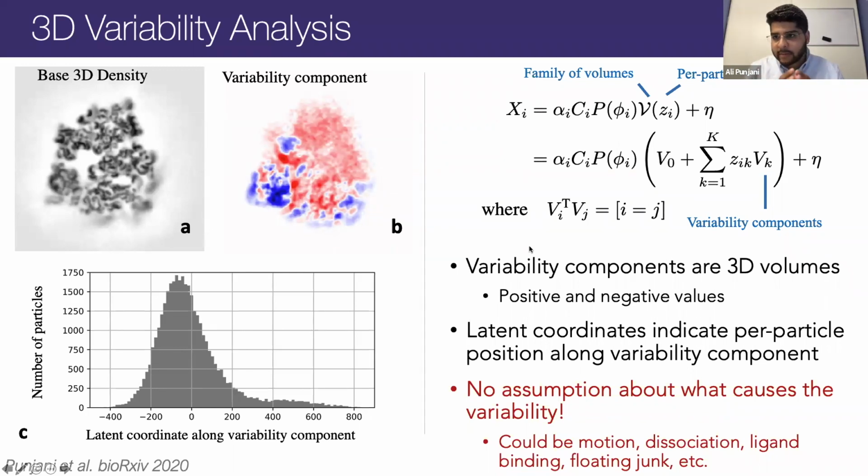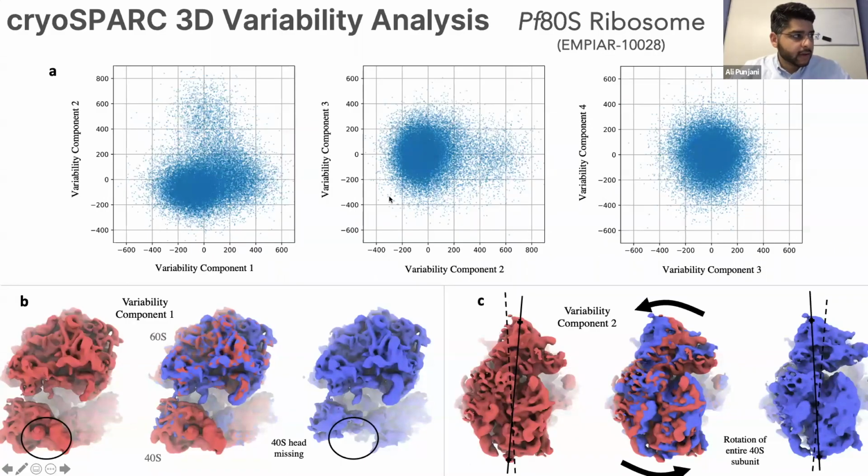It contains the same amount of change of the density. And so we can literally look at the spread of particle images along the variability components in terms of their latent variables and say, okay, variability component 1 spreads between minus 500 and plus 500 units of change. And variability component 2 spreads between minus 300 and plus 700 units of change. That's the amount of variance.